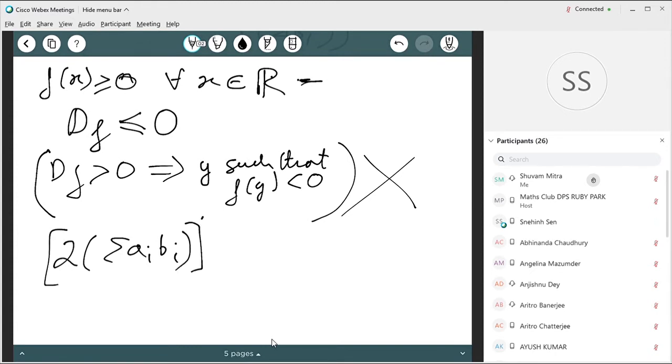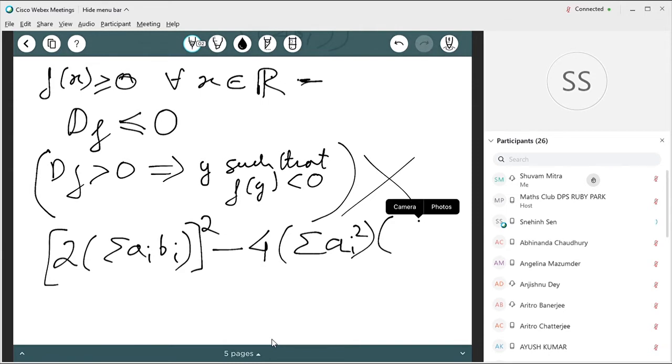This is our b square, or the coefficient of x whole square, minus 4 times the coefficient of x square, which is sigma ai square, times the constant term, which is sigma bi square. This is the discriminant.